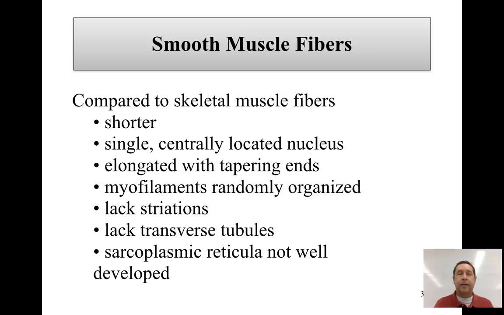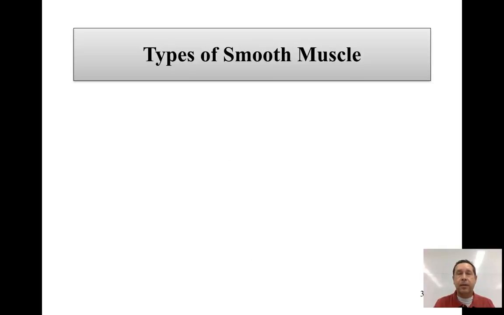Their myofilaments are randomly organized, so they don't have striations that we see in the cardiac and the skeletal muscle. They don't have T tubules, and the sarcoplasmic reticulum is not as well developed compared to skeletal muscle.